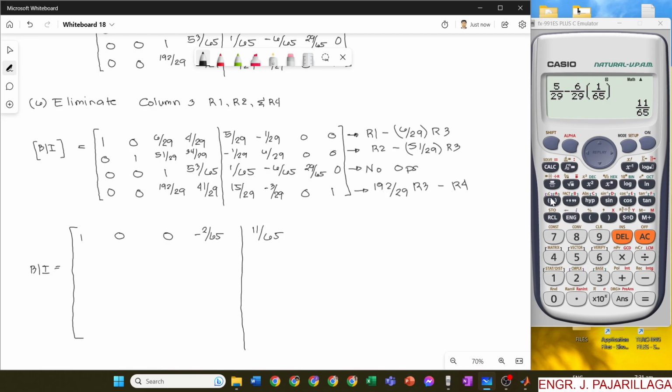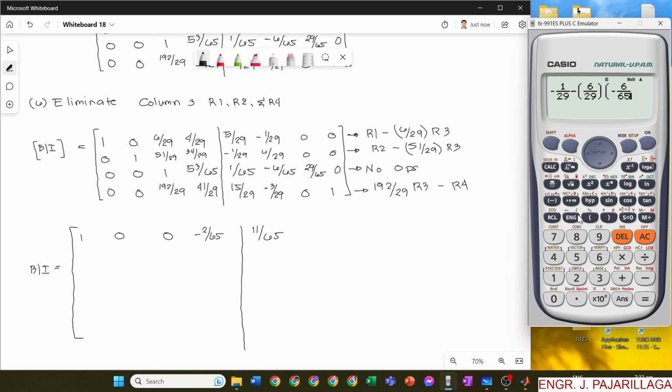And then we have negative 1 over 29. Babawasan daw natin yan ng 6 over 29 multiplied to negative 6 over 65.